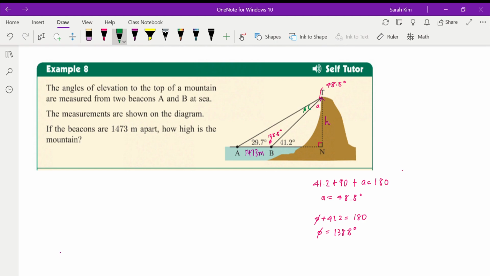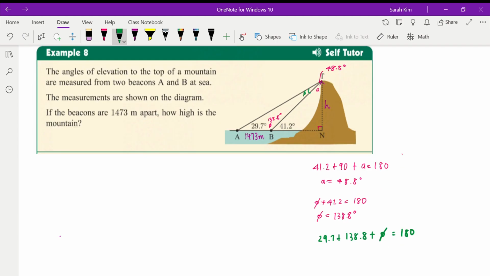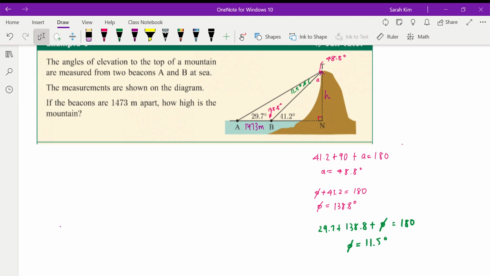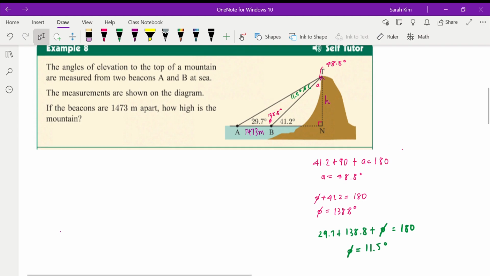I'll call it phi again. So 29.7 plus 138.8 plus whatever that last angle is should add up to the angles of a triangle, which is 180. So that gives me 11.5 degrees. So that last angle is 11.5 degrees. So hopefully you can see what I've written. You can draw a bigger triangle to fit that in your book if you would like to.